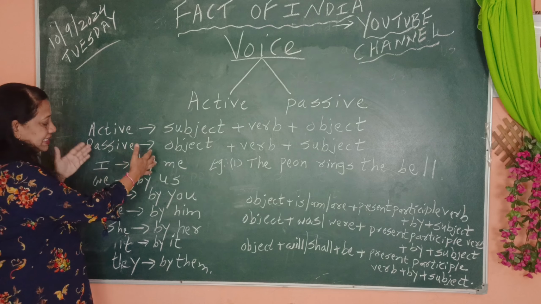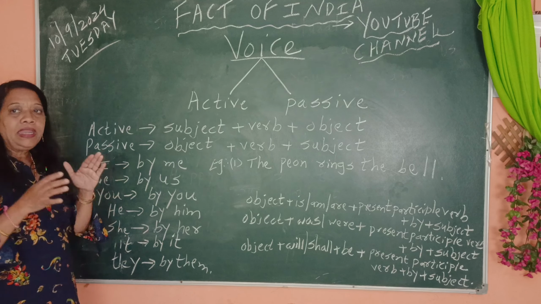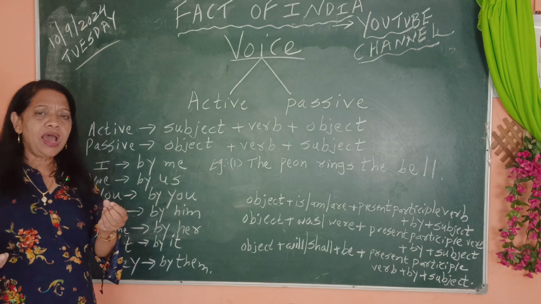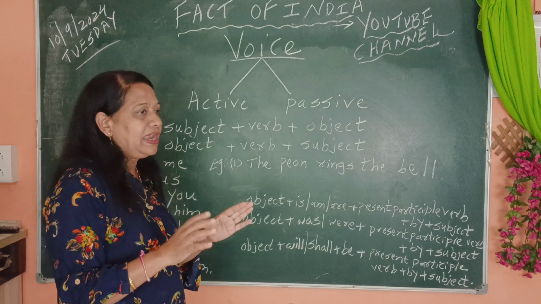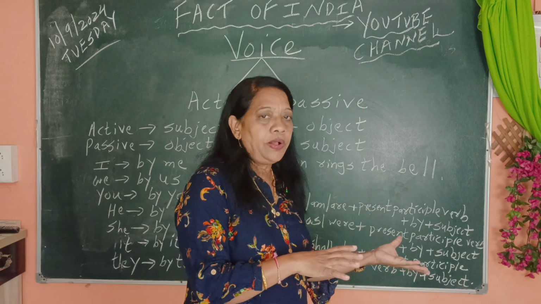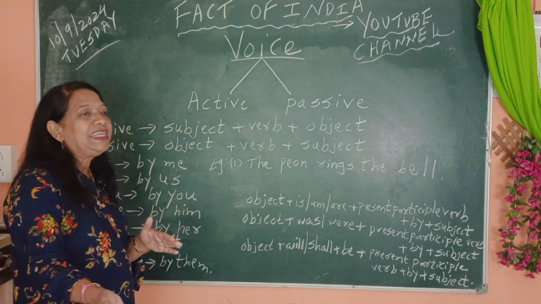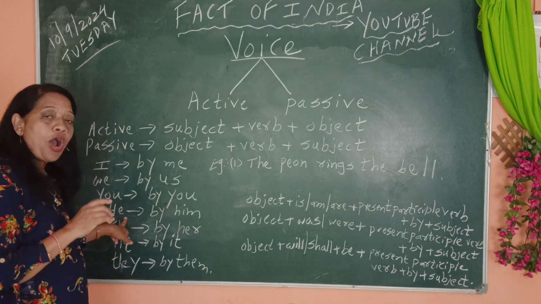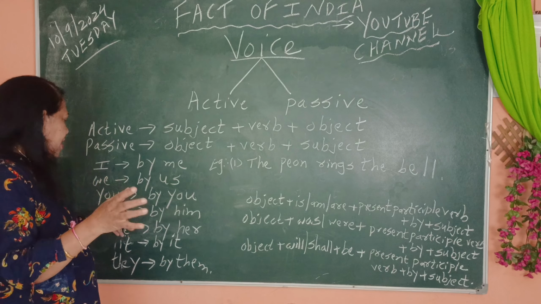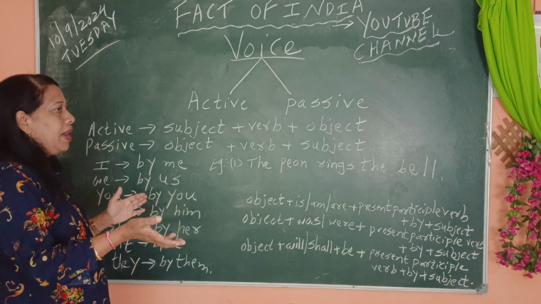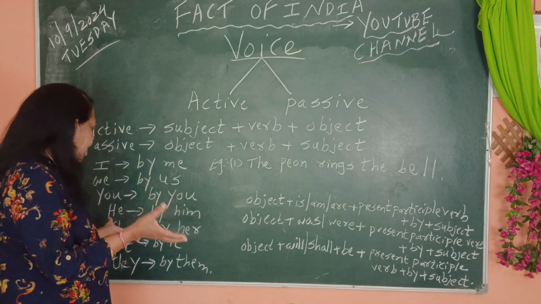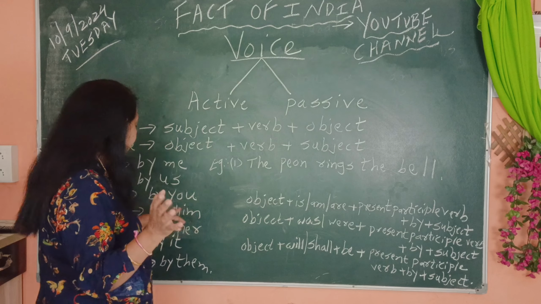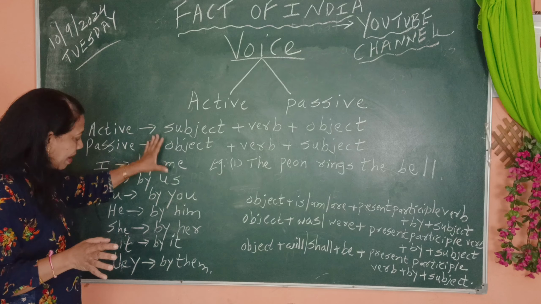And if the subject is they, we use by them. If any related person is indicated, if it is written my mother, then while turning into passive narration, use by my mother. If the teacher, then by the teacher. So this way you have to keep in mind while turning active narration into passive narration.